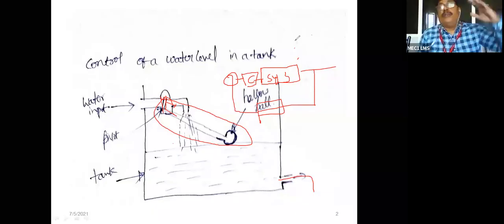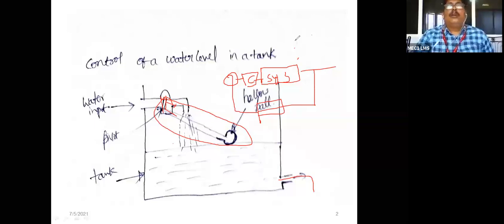When the level rises up to the desired level, it automatically cuts off. When the level drops to the reference level, again the motor switches on, thereby the water falls into the tank and fills the tank. This is as usual in the cities, in big apartments.